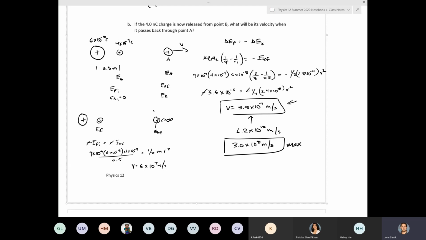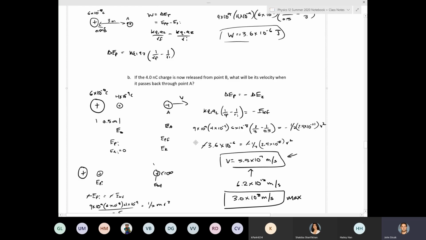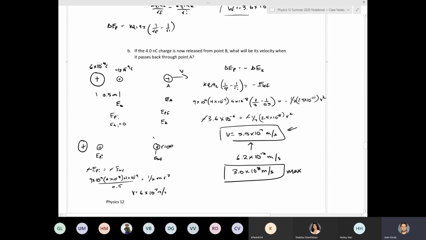What number? 9.8 times 10 to the 6. I don't see that number anywhere. Nine times 10 to the 9. That's the constant. That's Coulomb's constant. That's K.